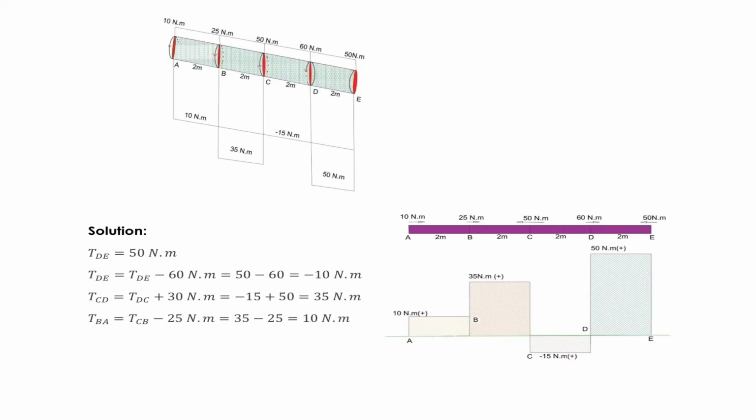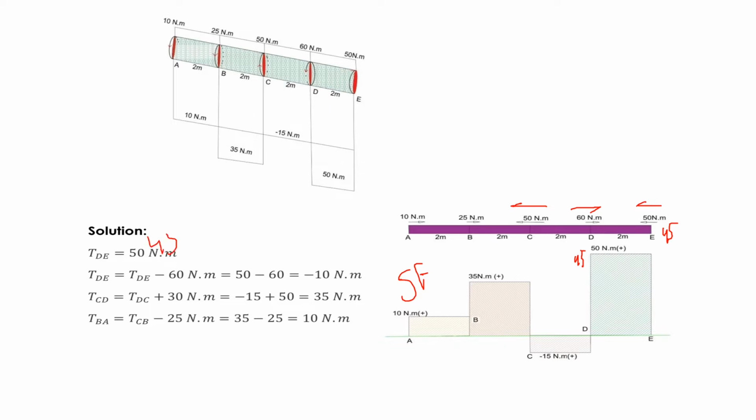Solving for this diagram, it comes up with a simple torque diagram that I have provided here. 10 Newton meter is going forward, and 25 Newton meter is going forward too, but 15 Newton meter is going in the opposite direction, and 60 Newton meter is going forward, and this 45 Newton meter is going in the opposite direction. So it means that we have already got the value for T. DE should be 45 Newton meter, and this should be 45, not 50.